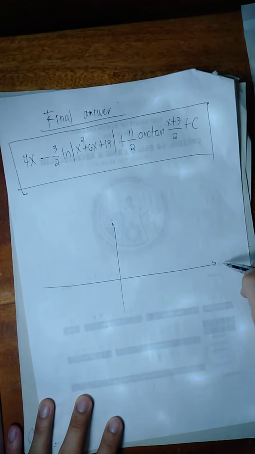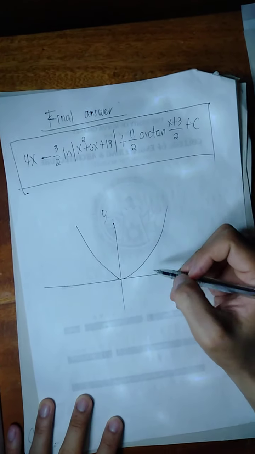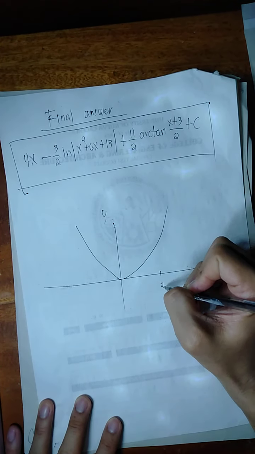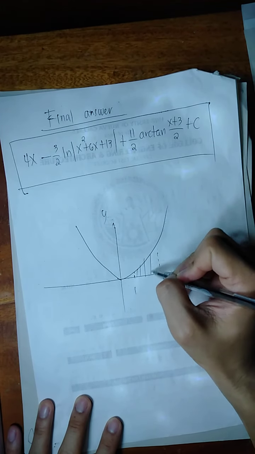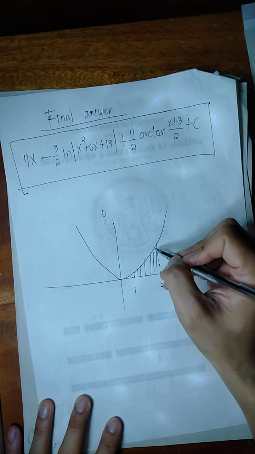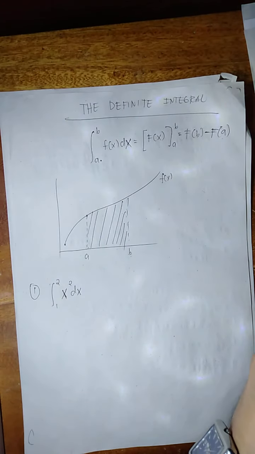Of course, it's a parabola opening upward, di ba? Let's say this is 2, this is 1. Ito yung area under this curve, yung shaded part na yan ng function natin. Okay, so let's continue.